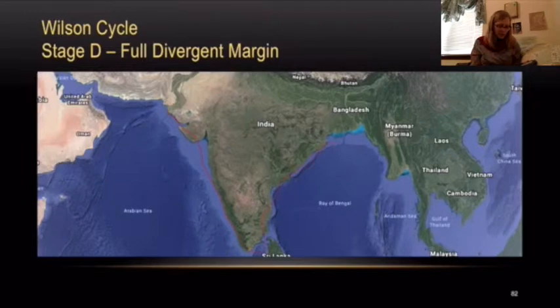Nothing's happening here. Just continental crust and oceanic crust hanging out, just sitting there. Very similar in that way to stage A, with nothing happening.